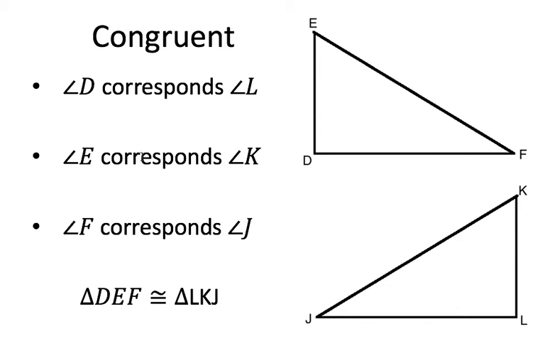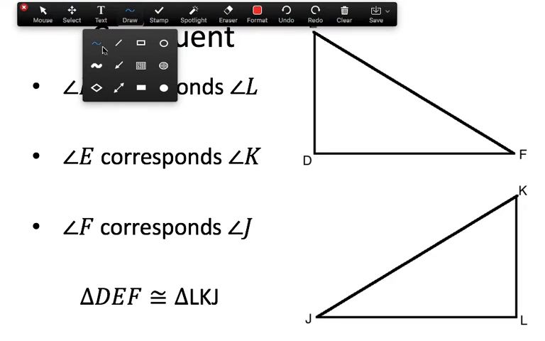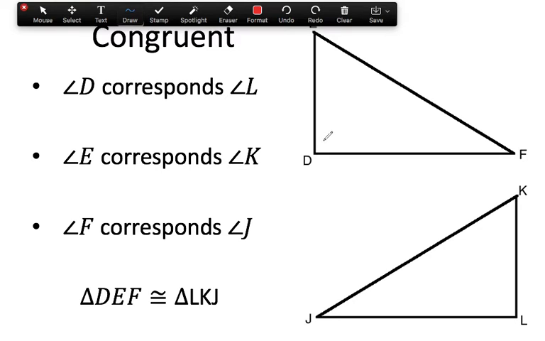Let's do this in better detail. If I was going to be talking about these two triangles, like what matches what, I think many of you can see that this angle D matches this angle L. So I would say that those two angles are corresponding angles. And this angle J matches this angle F. So those two are corresponding.